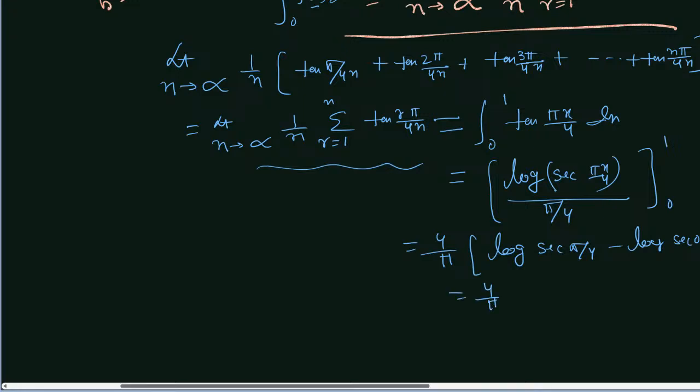Sec pi by 4 is root 2, so this is log root 2, and log root 2 is half log 2. So it is 2 by pi log 2. This is the answer. This infinite series can be solved with the help of definite integration very fast.